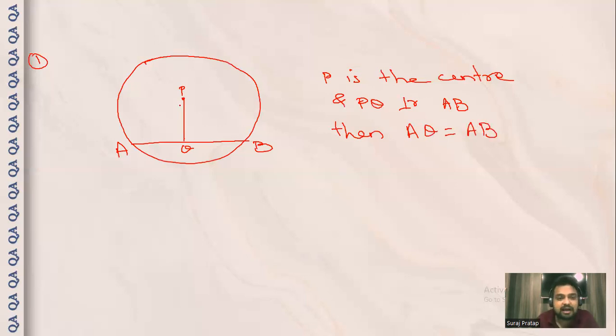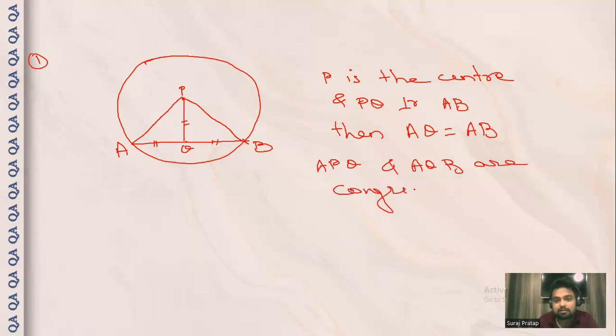That simply means that PQ is bisecting this chord into two equal halves. This is a radius, this will also be a radius, and this side is common. So if AQ equals QB, we can say that APQ and BPQ are congruent by SSS criteria.